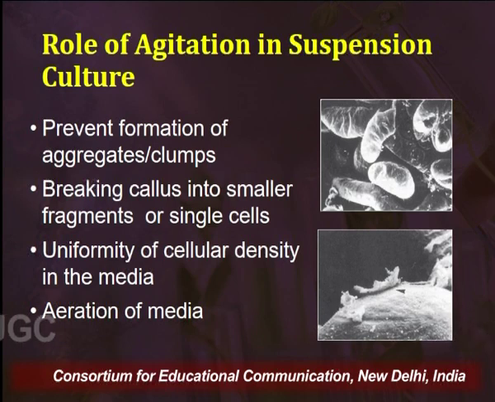Agitation or stirring also helps in maintaining uniform cellular density in the culture media. This is important because if the cellular density in the media is not uniform, suppose in a particular area the cellular density is very high, then in that area the exhaustion of the culture media will be quite rapid in comparison to other areas of the culture vessel, and this will cause non-uniform growth of the cells.